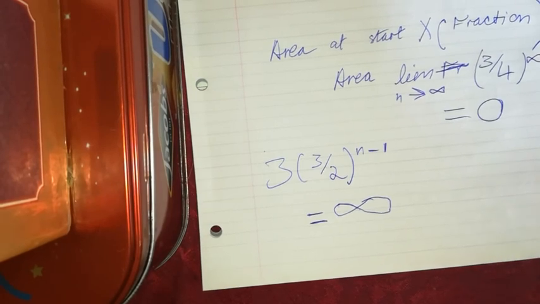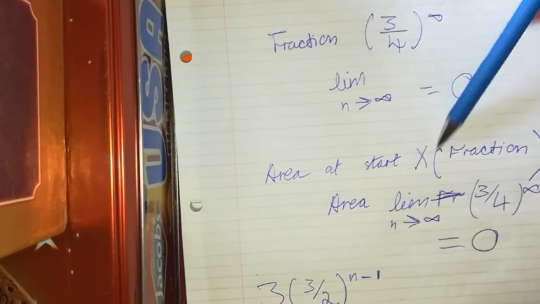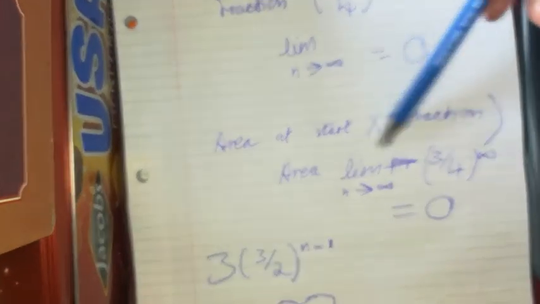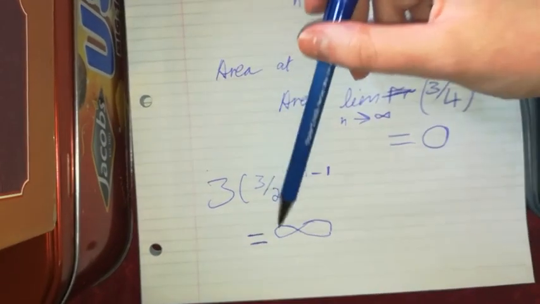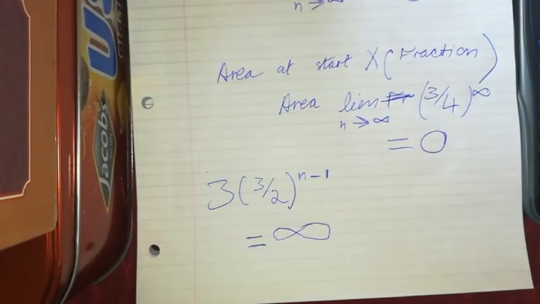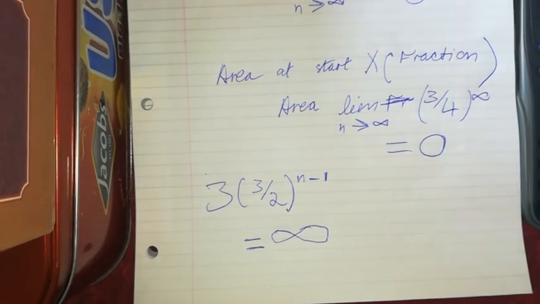But it depends on which way we look at it. If we do it this way, we get that the area tends to 0 and the perimeter tends to infinity. So the perimeter is getting greater and the area is tending towards 0.